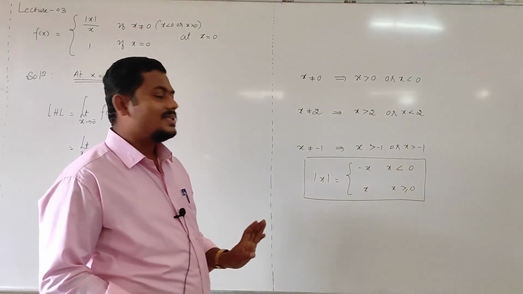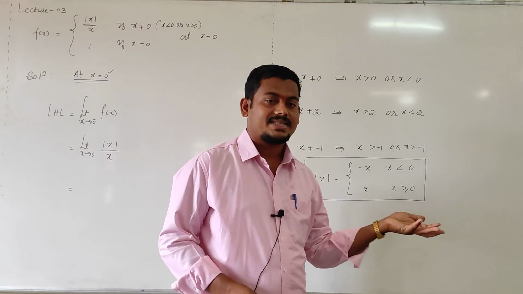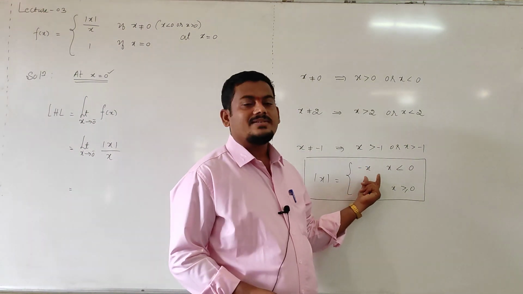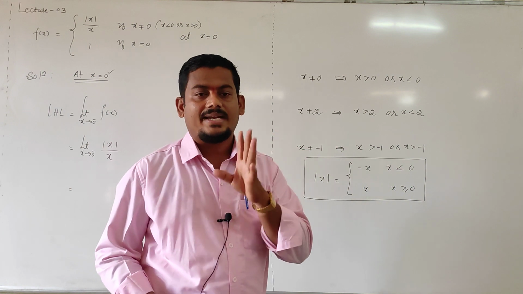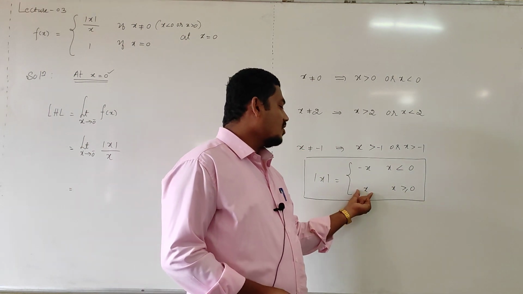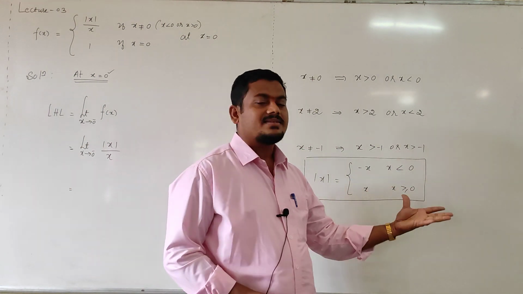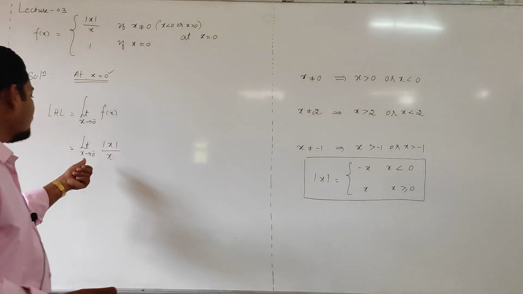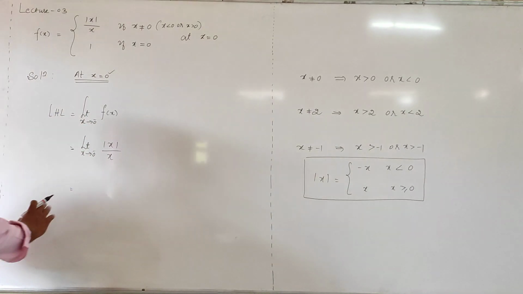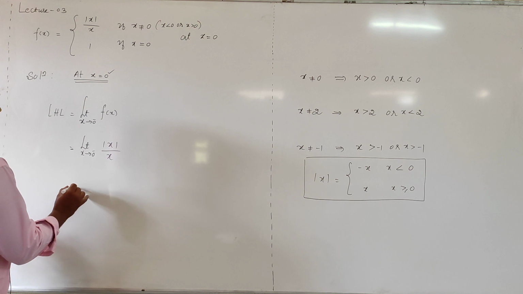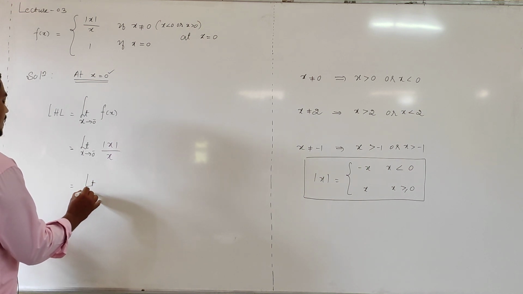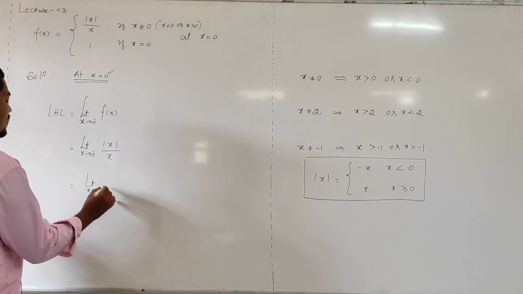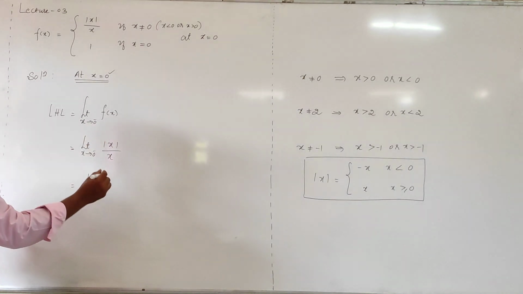Tending to 0 minus means clearly x value less than 0. Once x value is less than 0, what is mod x? Mod x is taken as minus x when x is negative, and mod x equal to plus x if x is positive. In this case, clearly x tending to 0 minus is there. So mod x becomes minus x only.